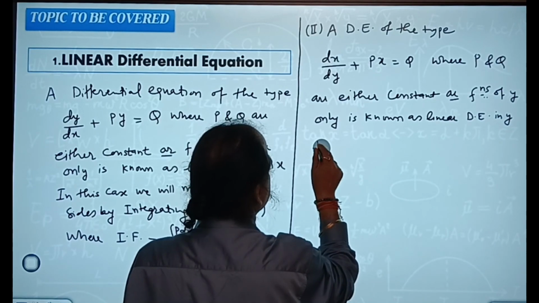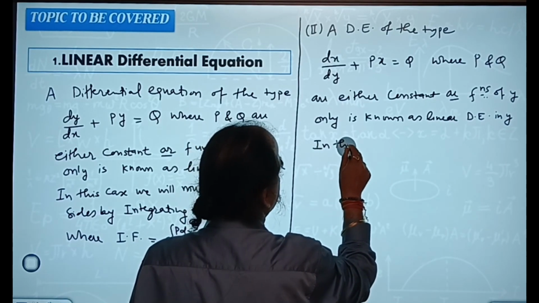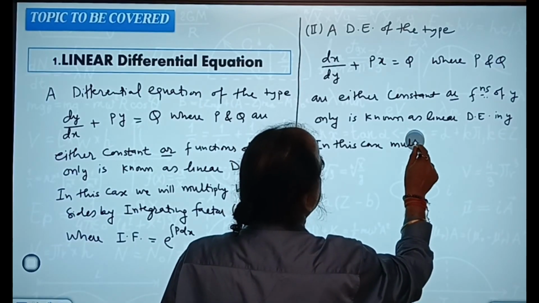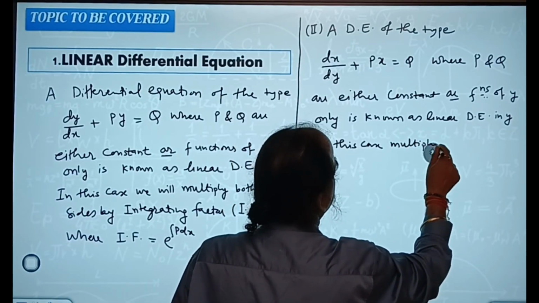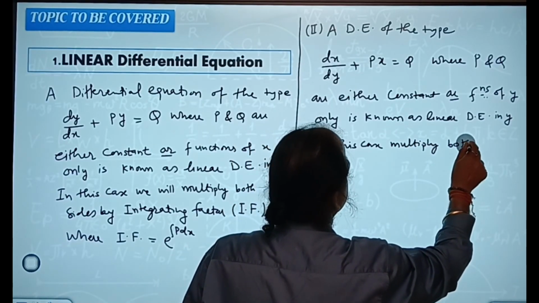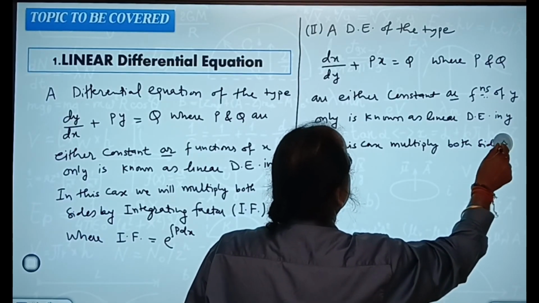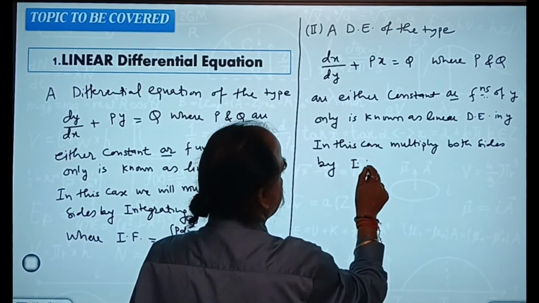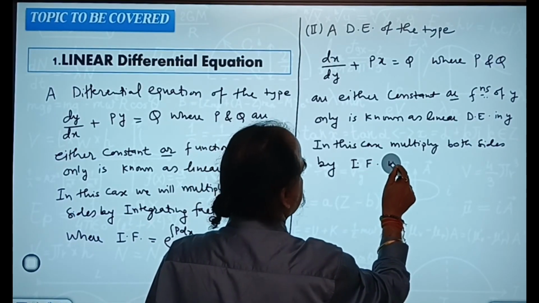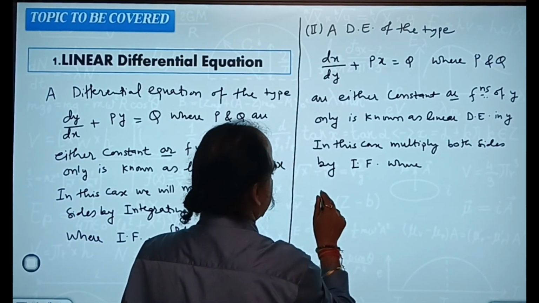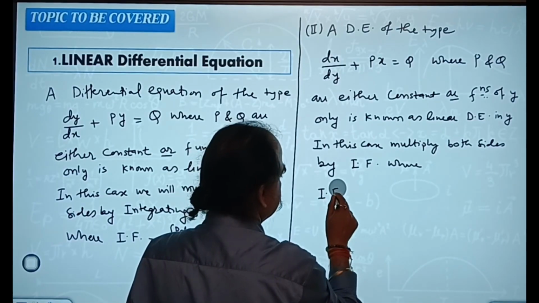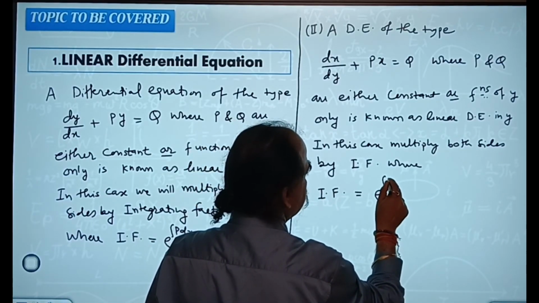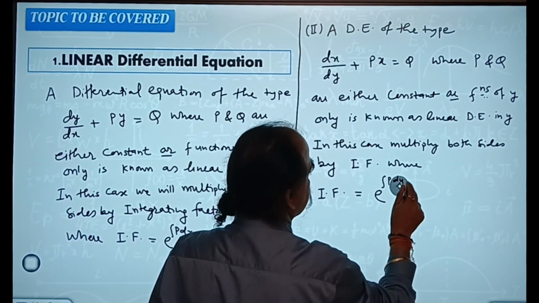In this case, multiply both the sides by integrating factor, where integrating factor is e raised to integral p dy.